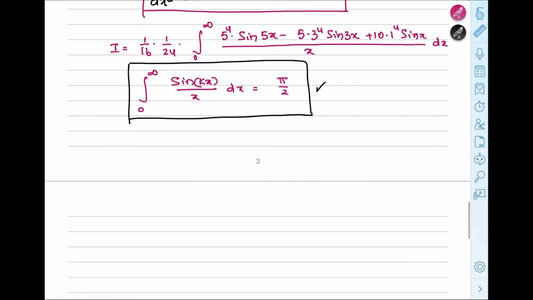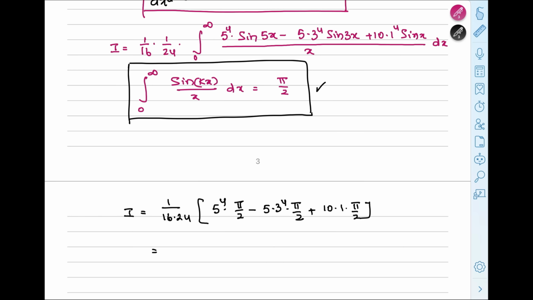Now, by substituting this value in the above equation, we will get I is equal to 1 by 16 into 1 by 24 into the integral from 0 to infinity. 5 to the power of 4 is a constant into sin 5x by x dx, which is pi by 2, minus 5 into 3 to the power of 4, where 3 to the power of 4 is 3 into 3, 9, 9 into 9 is 81, into pi by 2, plus 10 into 1 into pi by 2.